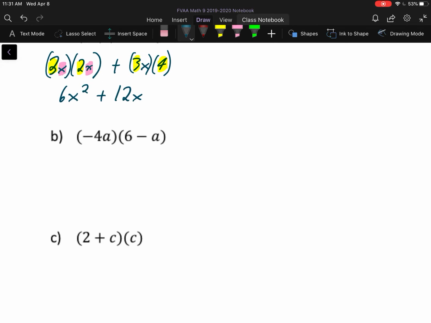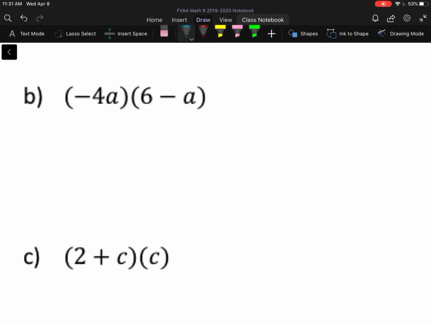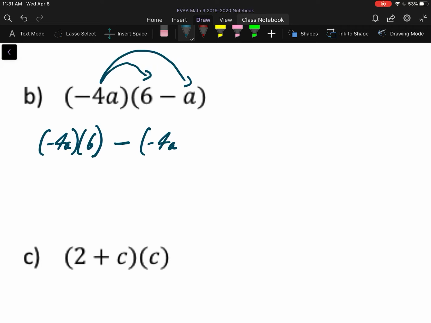Next question: negative 4a times 6 minus a. This negative 4a is my monomial, and it's going to multiply to both terms in my polynomial. So I get negative 4a times 6 minus negative 4a times a.